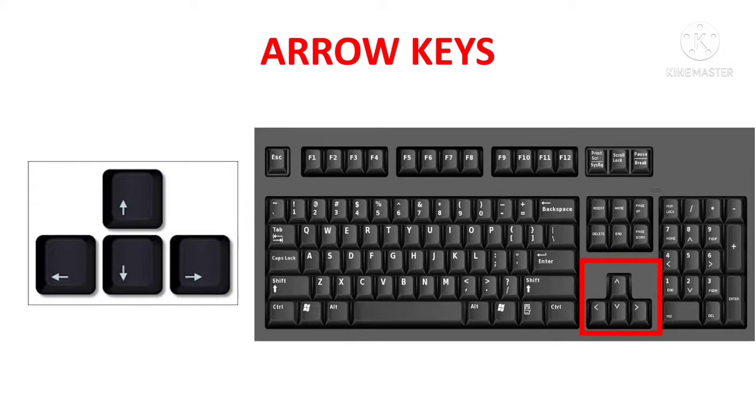The arrow marks are meant for choosing the directions, that is left, right, up or down. So these are also known as arrow keys. If you want to move your cursor up, down, left, right, so you can do that with the help of arrow keys. So there are 4 different types of arrow keys.